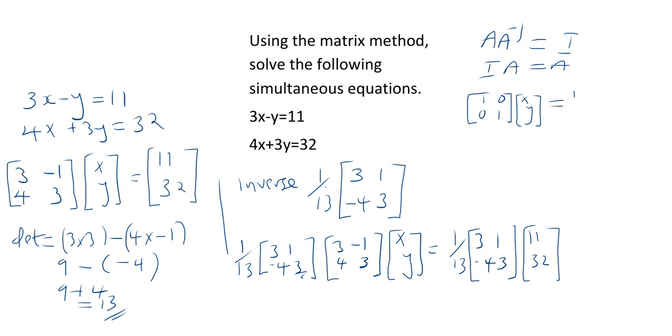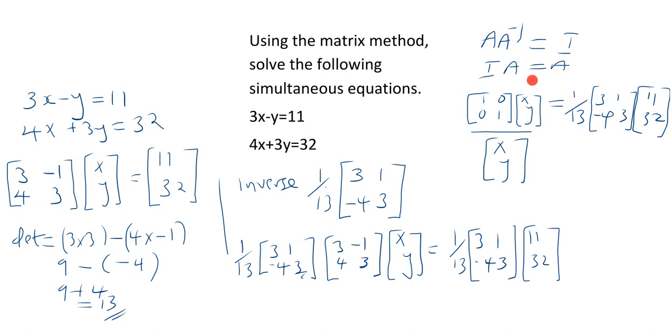This will be equal to 1 over 13, 3 1, negative 4, 3, 11 32. After multiplying this, we shall get the matrix xy, because of this.